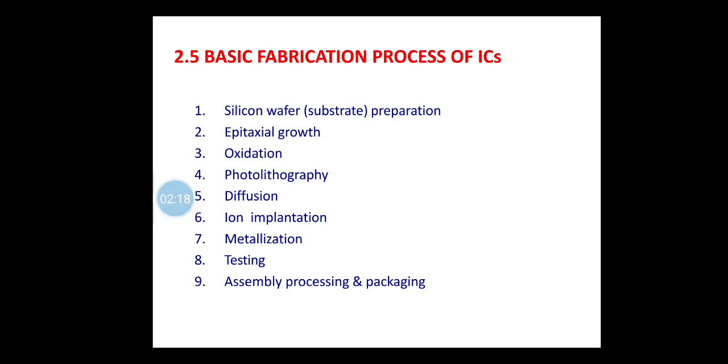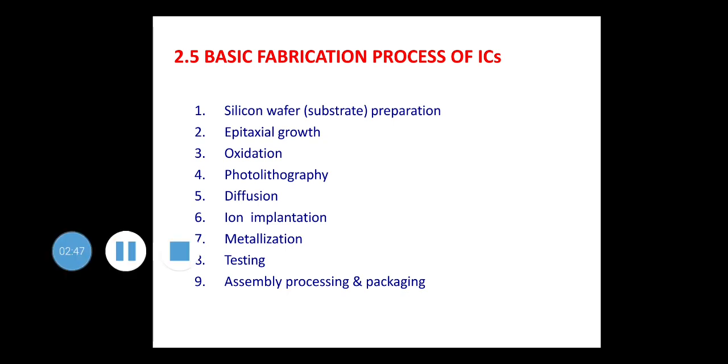Now in this topic we are going to cover the basic fabrication process for IC. Here you can see the steps to be followed for IC fabrication. The first step is silicon wafer preparation. Next is epitaxial growth, oxidation, photolithography, diffusion, ion implantation, metallization, testing, and then comes the assembly, processing and packaging.